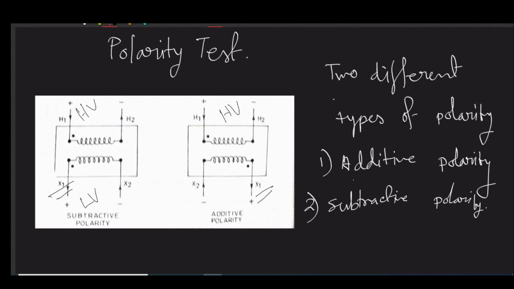If H1 and X1 are diametrically opposite, like here, where this is H1 and this is X1, then it is additive polarity. And if H1 and X1 are on the same side, then it is subtractive polarity.